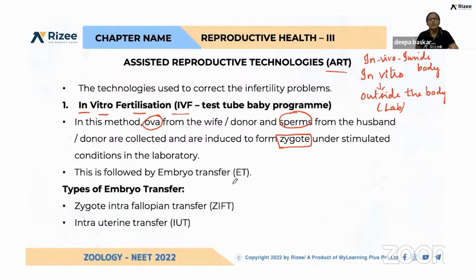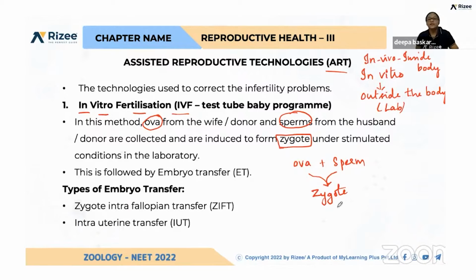So after that, what will be formed? The ova and sperm are collected, and fusion of both gametes will produce the zygote. This zygote will be transferred to the female body.